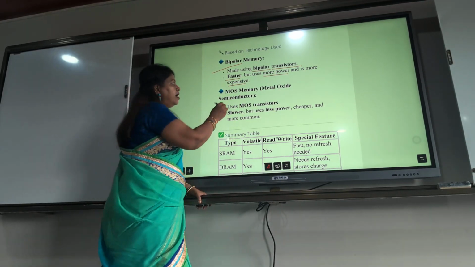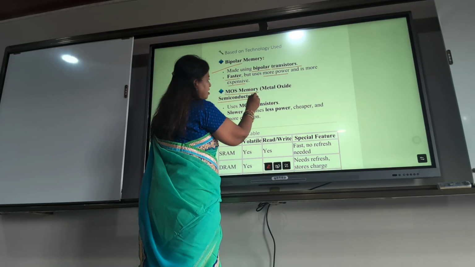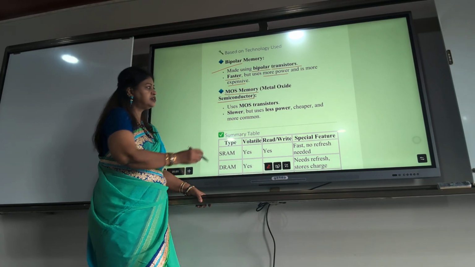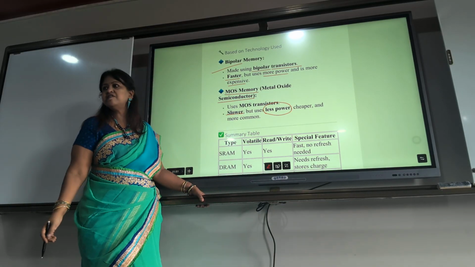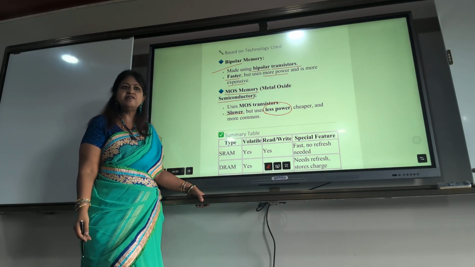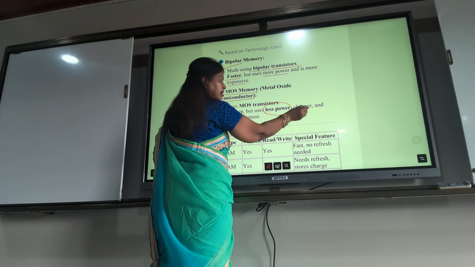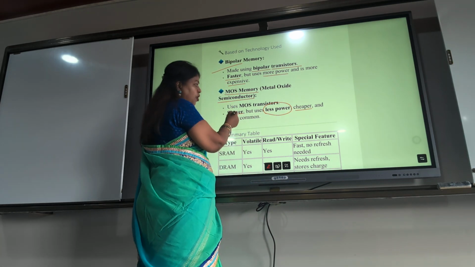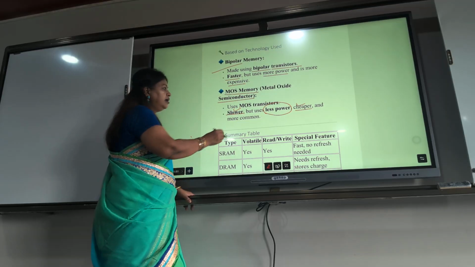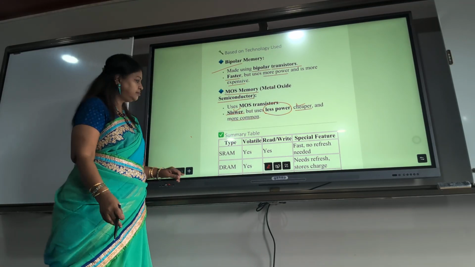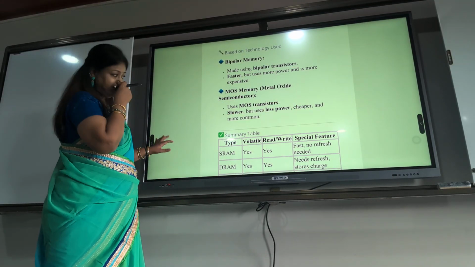MOS, metal oxide semiconductor memory, uses MOS transistors; it is slower but uses less power. In CMOS also we have studied that it consumes less power. Since it is slower and consumes less power, it is cheaper, and it is very common. It will be available everywhere.